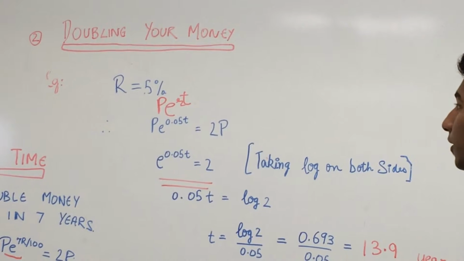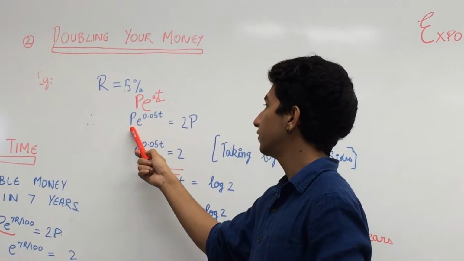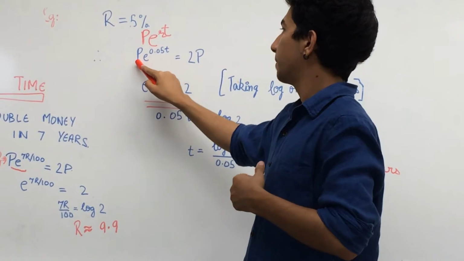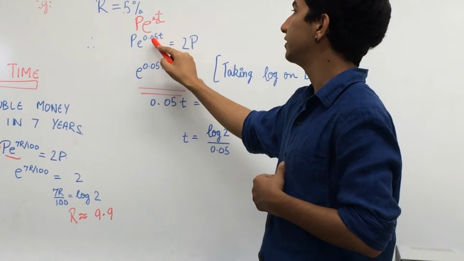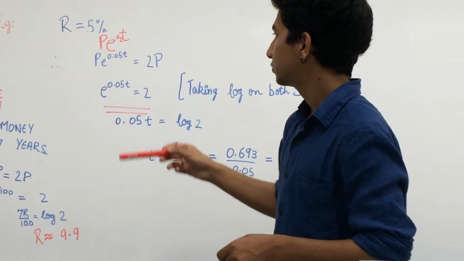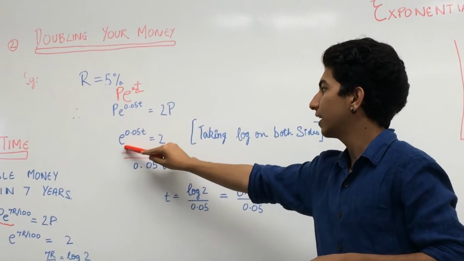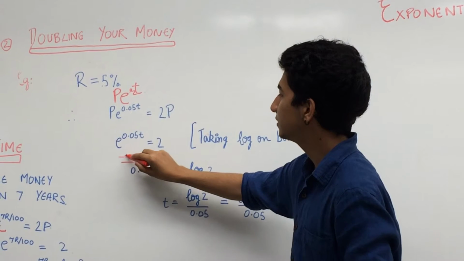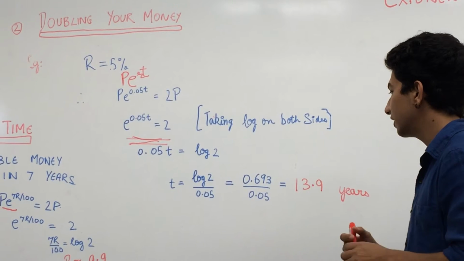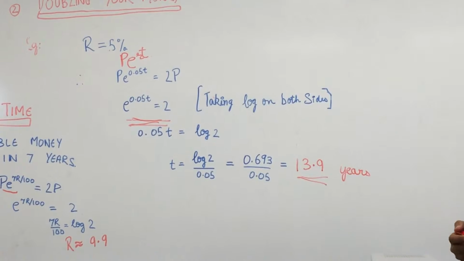With the help of the continuous compounding formula, we can write P times E raised to power 0.05 times T is equal to twice P. In this case, we can cancel P with P, take the log on both sides, and by equating it we get the time in which our money is going to double, that is 13.9 years.